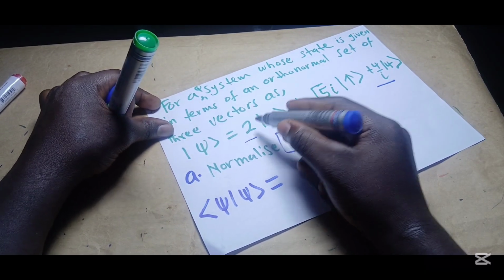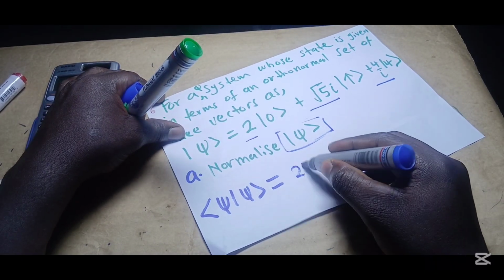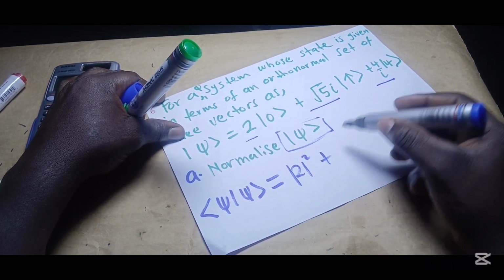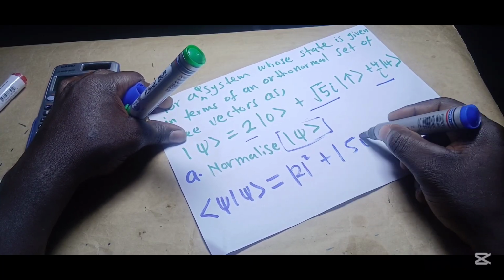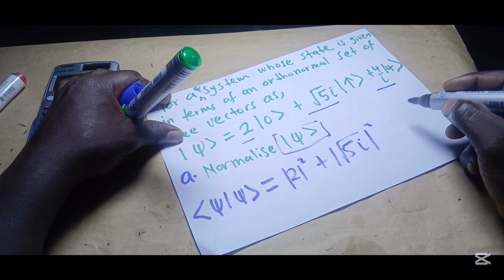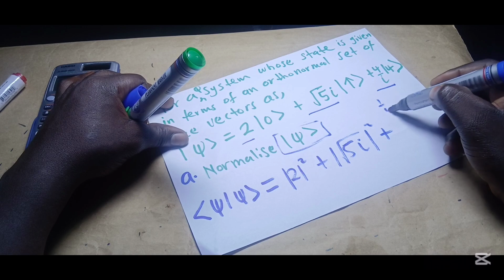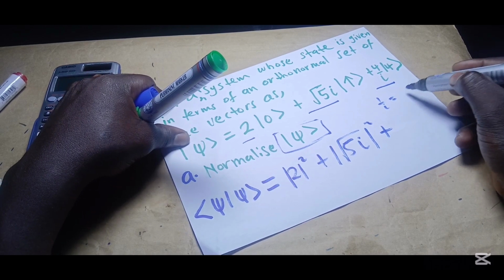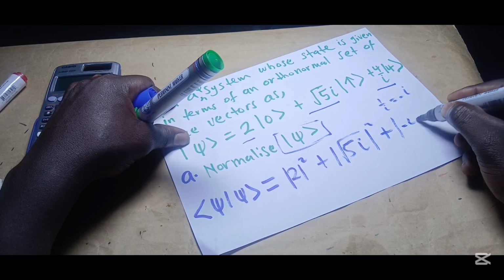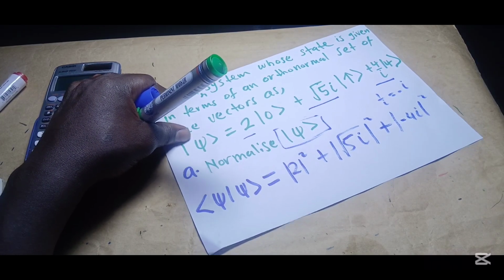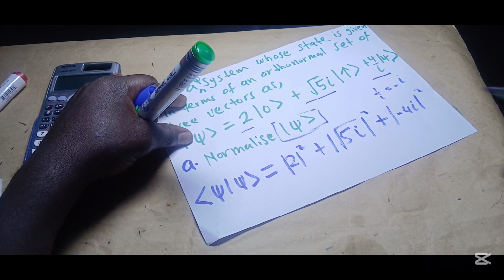So we are going to take the absolute square of 2, plus the absolute square of square root of 5i, plus the absolute square of 4 on i. 1 on i is equal to negative i, so this term becomes negative 4i squared. But once we are dealing with absolute values, definitely this term will become positive.